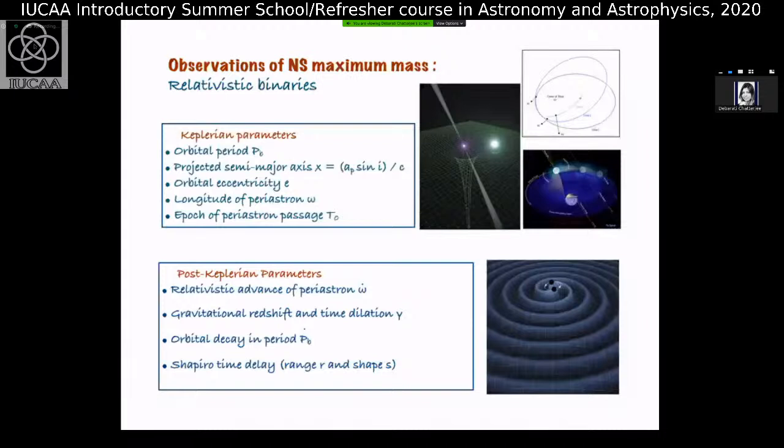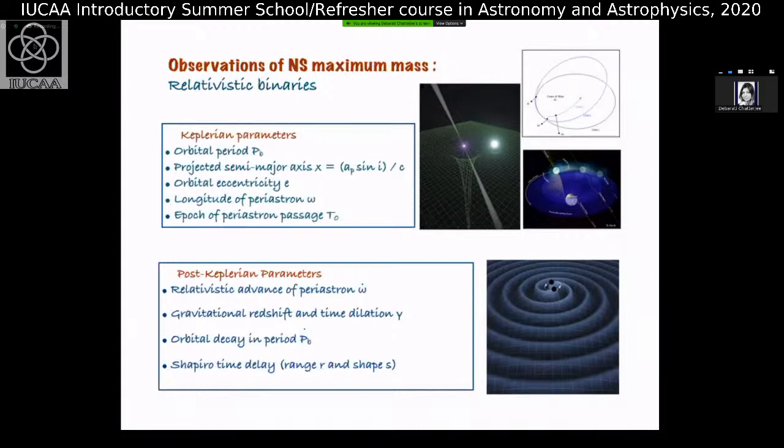Coming to neutron star masses, neutron star masses can be accurately determined, particularly in the case of neutron stars in binaries, from pulsar timing. So the orbital analysis gives us information about the neutron star mass. In addition to the normal Keplerian parameters, one can also observe post-Keplerian general relativistic parameters, and these in turn depend on the total mass and the mass ratio of the neutron stars.